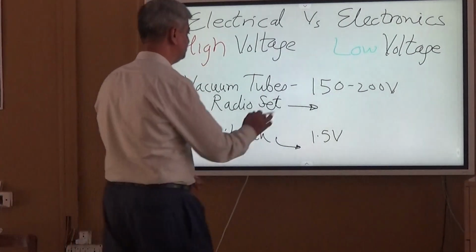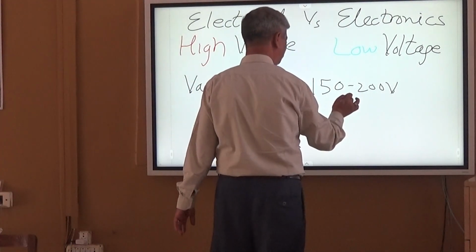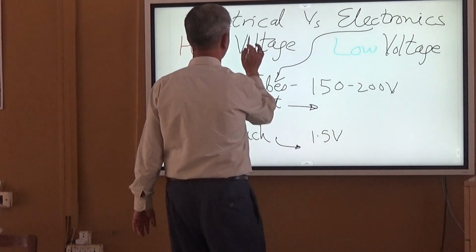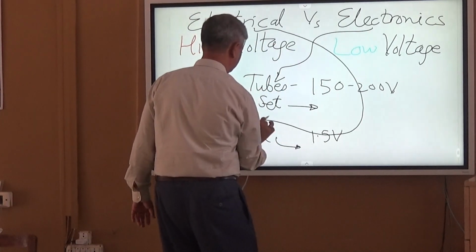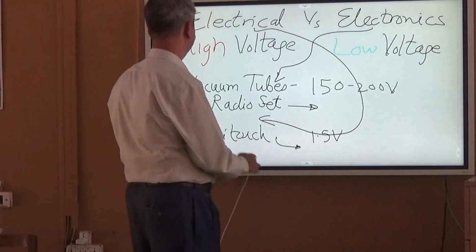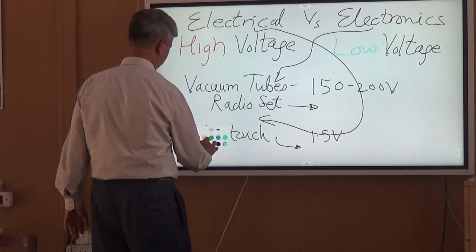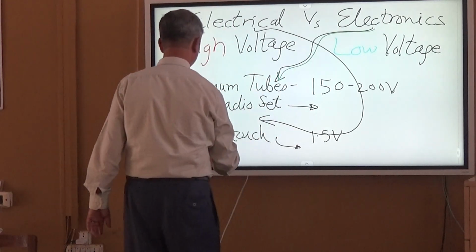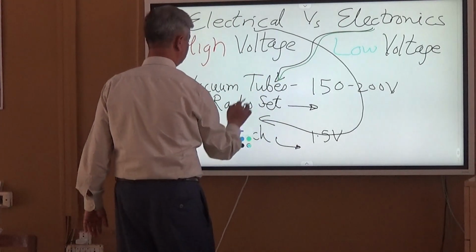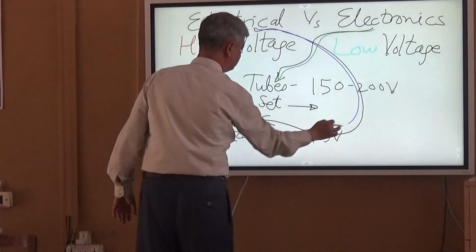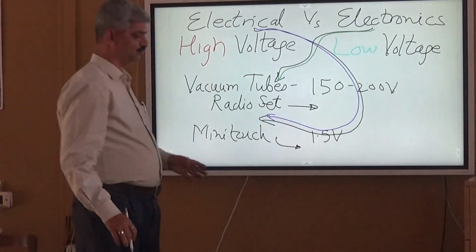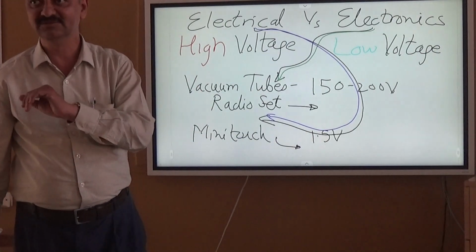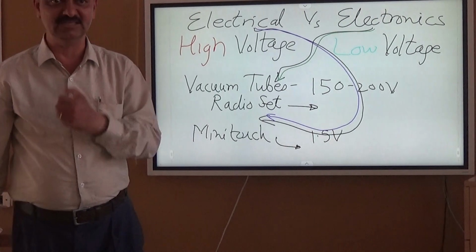Very clearly, this is electronics and this is electrical application. So high voltage, low voltage is no longer a differentiating parameter. Then what? If not this, then what?